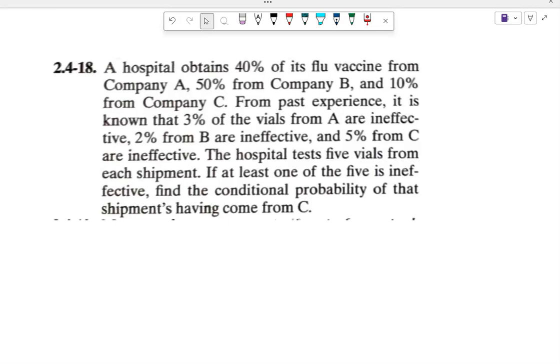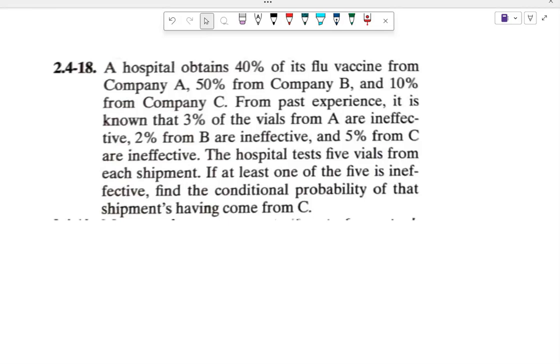This one's got some binomial things in it, but it's also got a Bayes thing in it. So I want to go back and look at it. So, a hospital receives flu vaccines from 3 different companies. Looks like company B is a little bit more reliable in their vaccine than the other 2 companies.